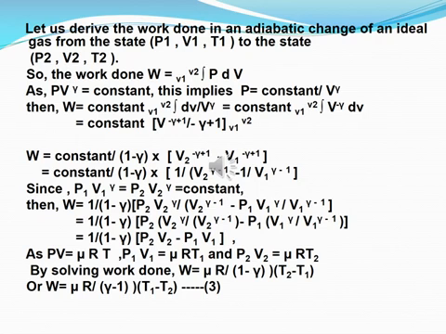By solving, work done W is equal to nu R by 1 minus gamma into T2 minus T1, or W is equal to nu R by gamma minus 1 into T1 minus T2, which is the expression 3.